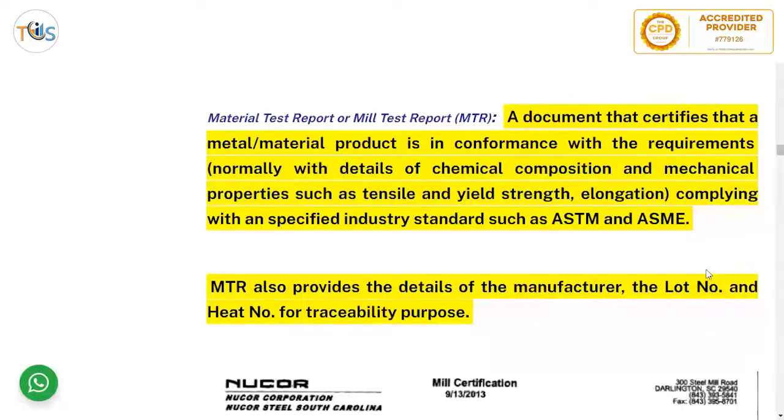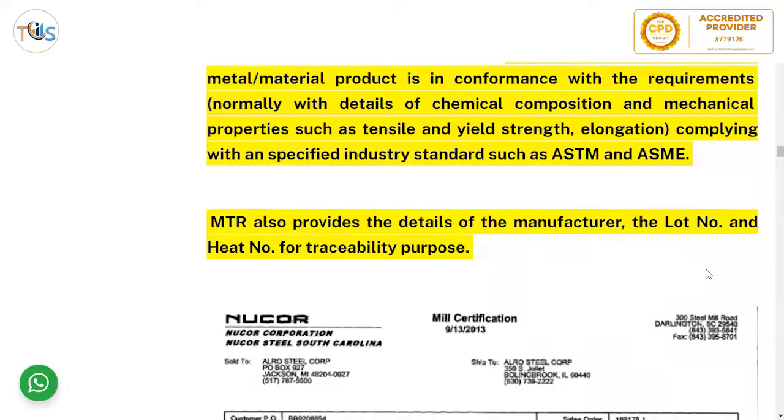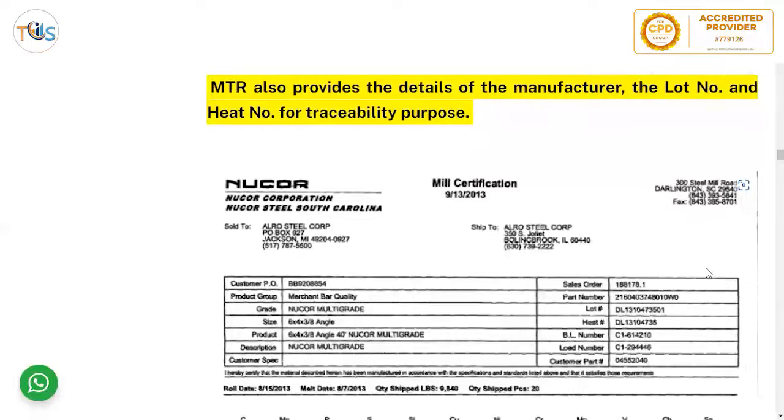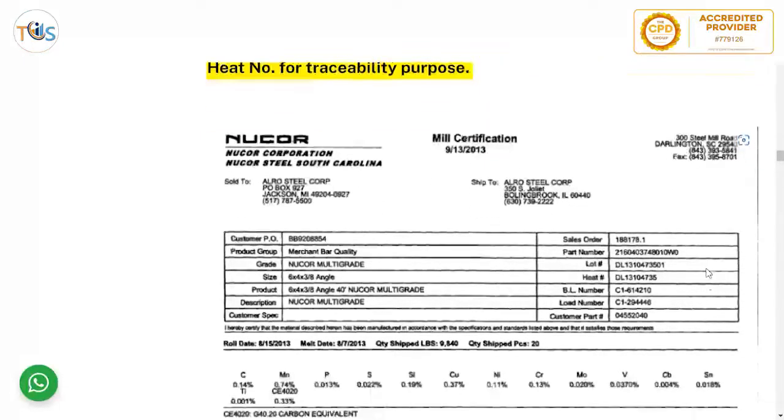So a material test report is a document that certifies that a material product is in conformance with the requirements, normally with details of chemical composition and mechanical properties such as tensile and yield strength, elongation, complying with specified industry standards such as ASTM, ASME, or EN/BS 10204. So an MTR, or material test report, also provides details of manufacturer, lot number, heat number for traceability purposes.